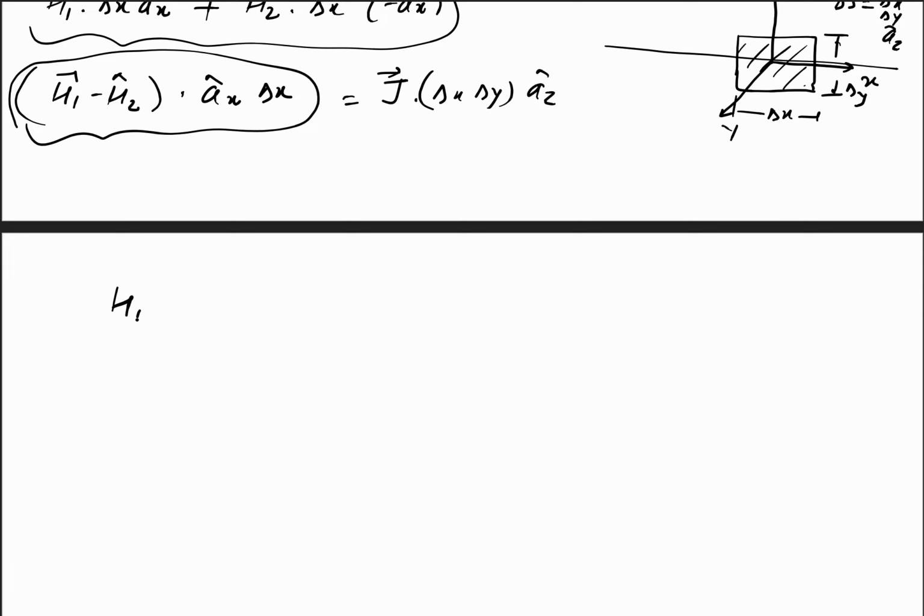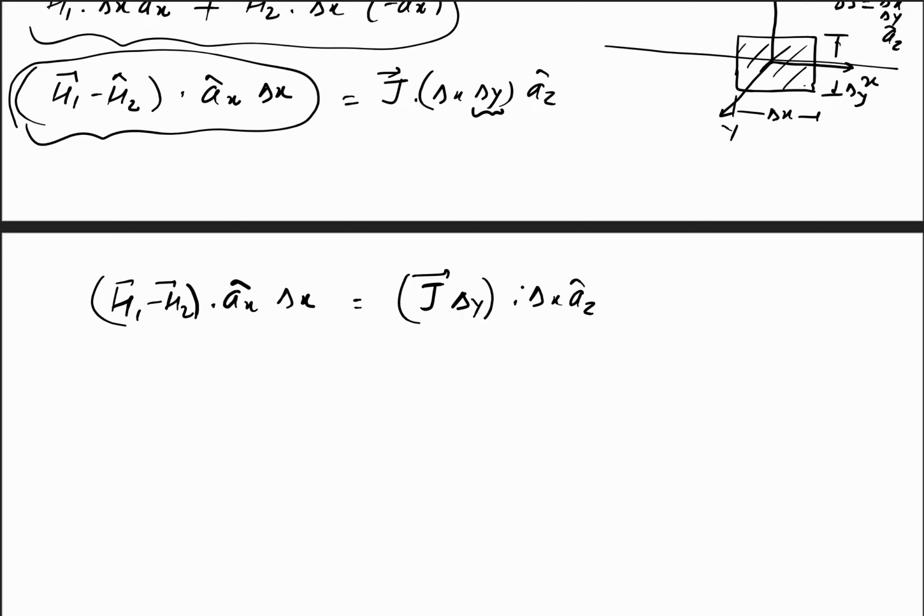So H1 minus H2 dot ax delta x is equal to J. Now we know that delta y is going to 0 in the limiting case. So I will include this delta y with the current density, Jy dot delta x az.